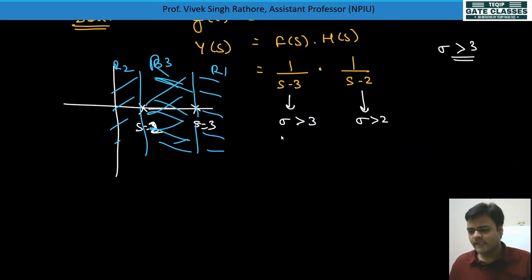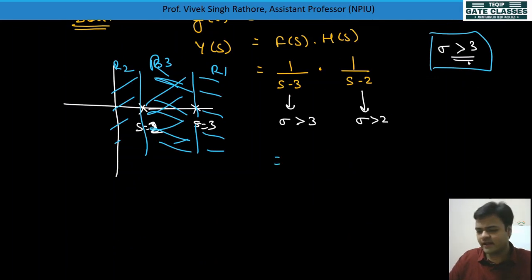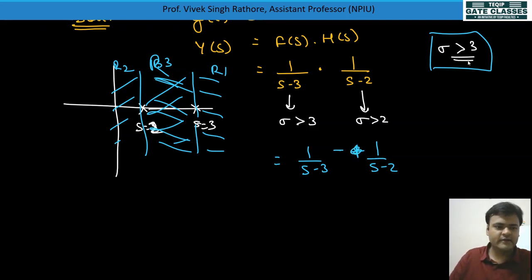So if it is a causal system, definitely we'll consider this portion only, and we'll write 1 by s minus 3 times 1 by s minus 2. The s cancels, and with minus 2 and plus 3 it will come like this only.